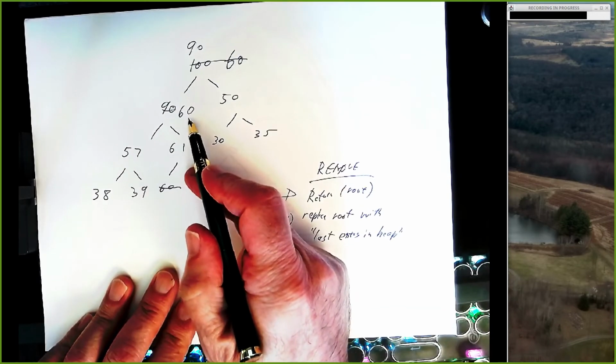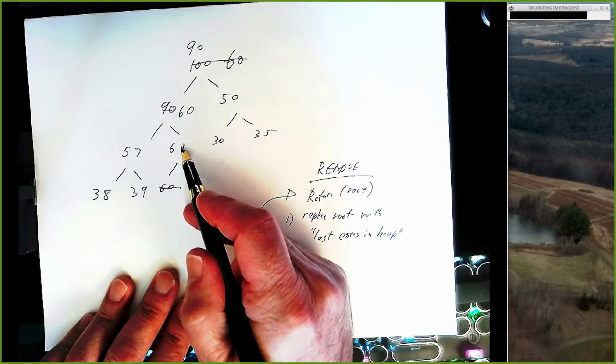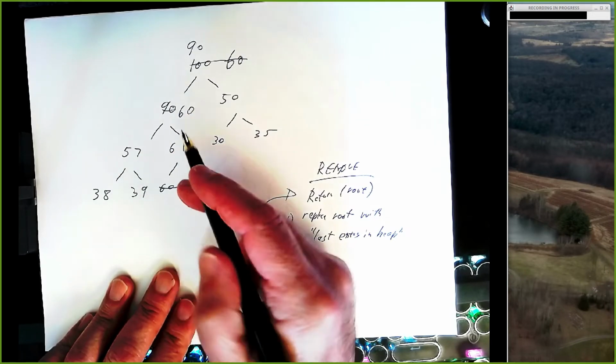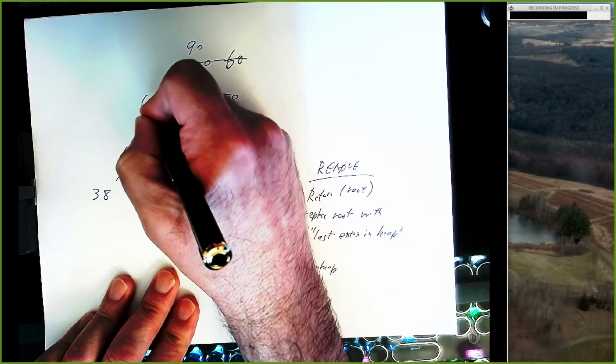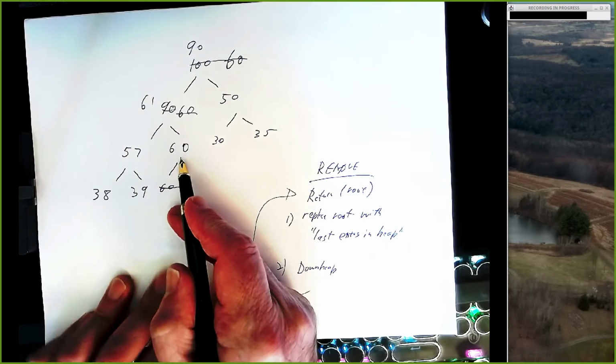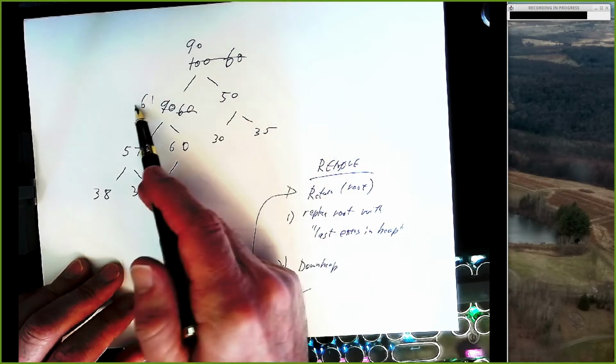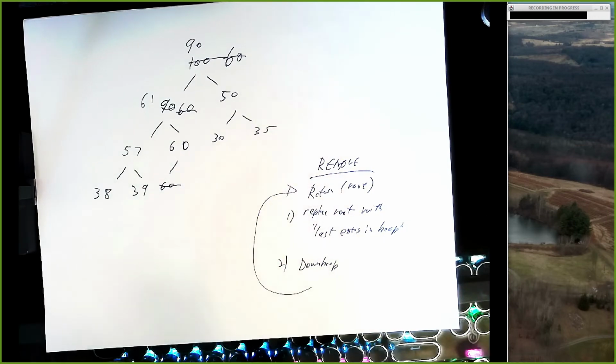And then downheap from here. Does this satisfy the heap property? No, 60 is not bigger than both children, so swap 60 with the largest child. So this becomes 61, this becomes 60. There's no child under here. This satisfies the heap property. We're done, and we should have a heap. 90, 61, 50, 57, 60, 30, 35, and so on.